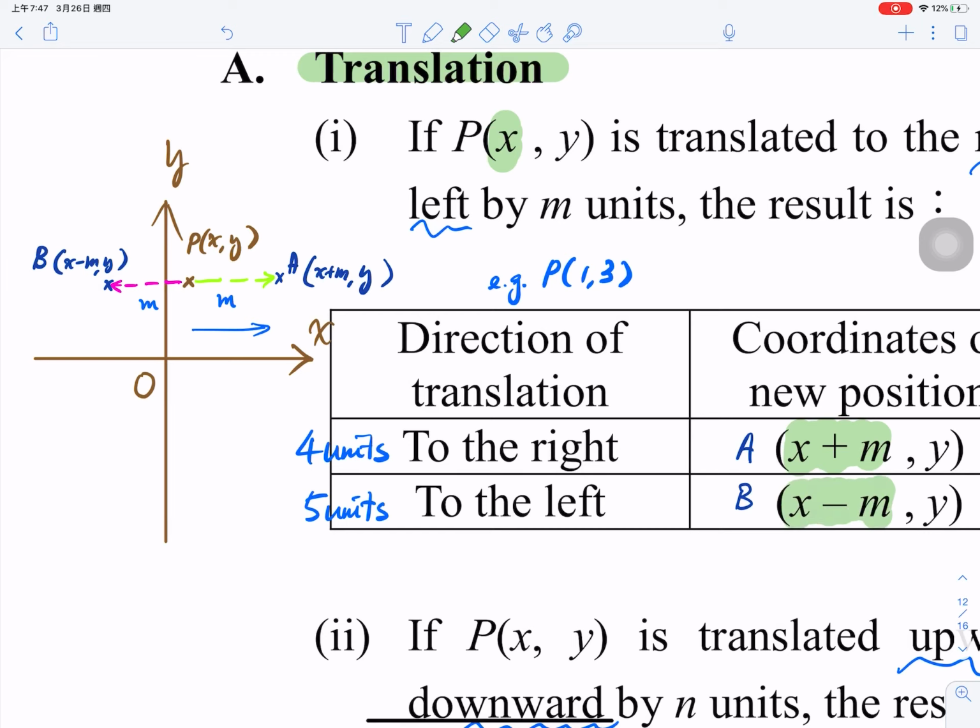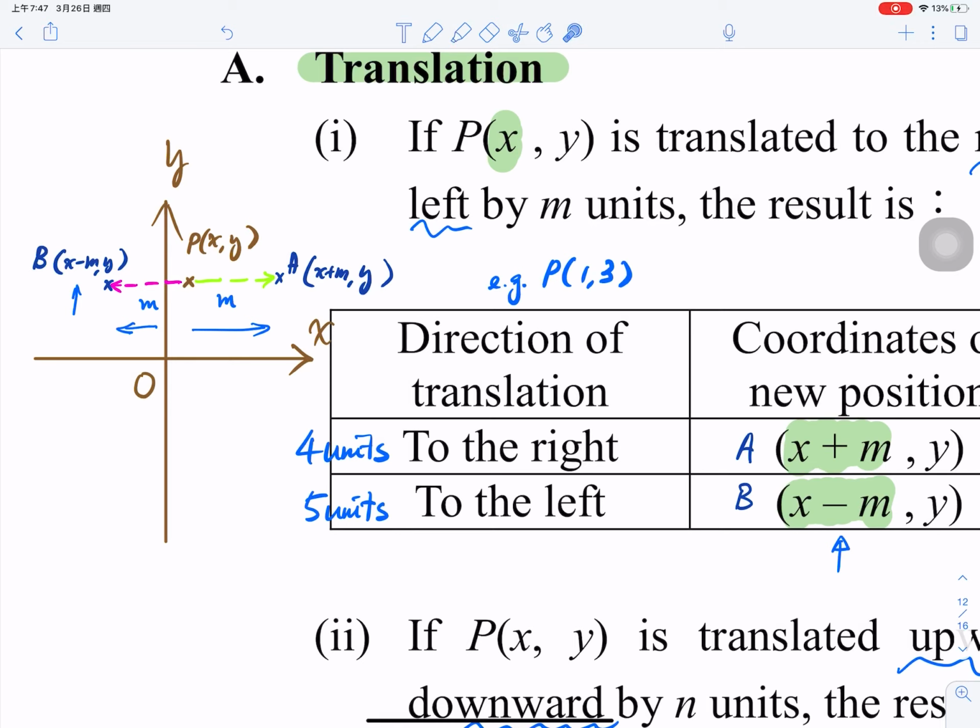So here, if translate to this side, then x coordinate becomes x minus m. So it's easy for you to calculate by yourself. Maybe no need to memorize this. Okay, just give you an example.